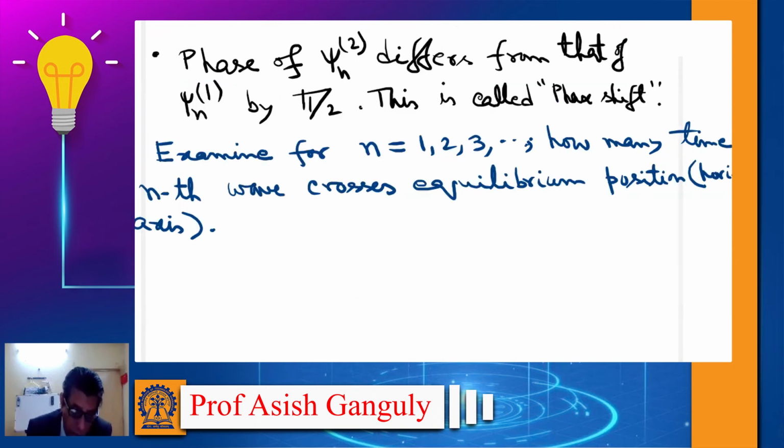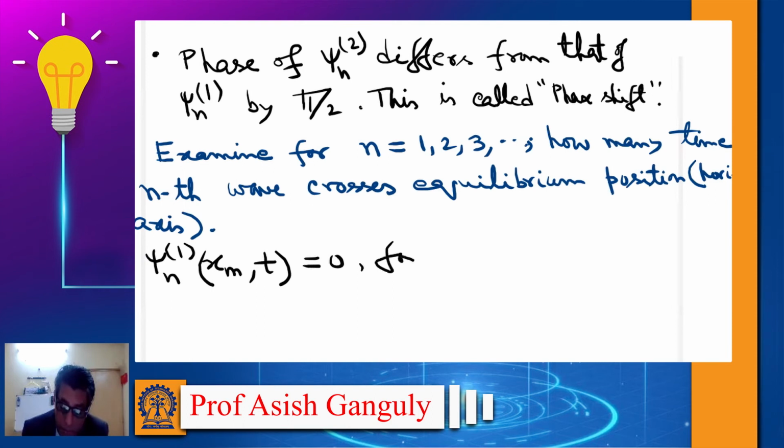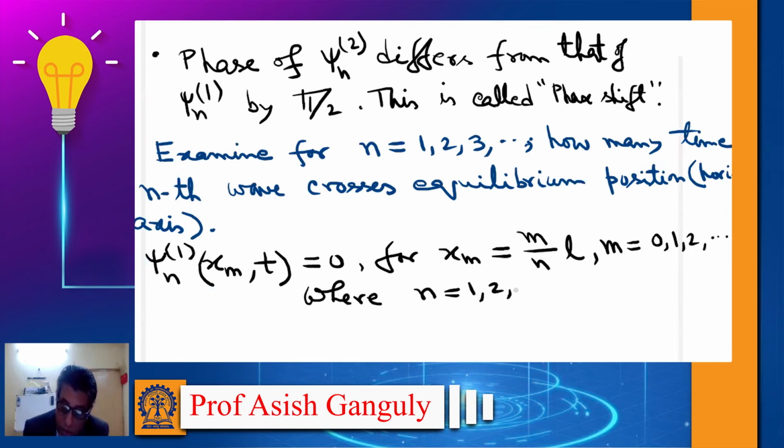So when psi n1, that means the nth wave, at t equal to 0 is zero, that means x is equal to xm, equal to m by n times L, where m is allowed to take only 0, 1, 2 up to n, where of course n is 1, 2, 3, and so on.